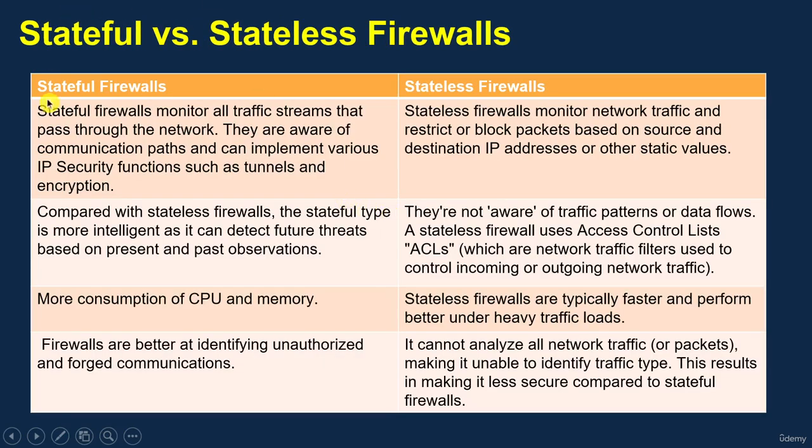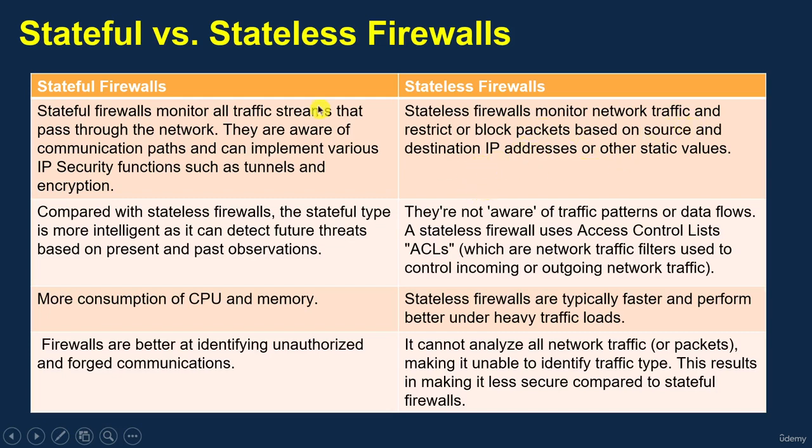And here, stateful and stateless firewalls. Stateful inspection is also known as a dynamic packet filter, while stateless firewalls are static packet filtering firewalls. That is the main difference between stateful and stateless. Stateless firewalls only consider static values like source and destination IP addresses.